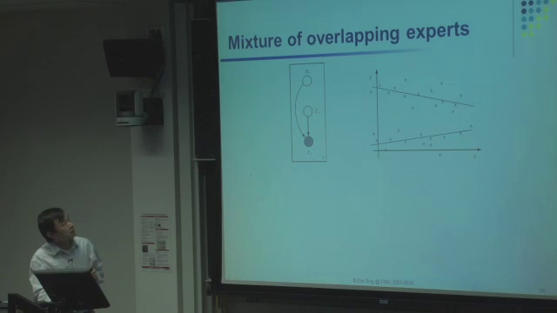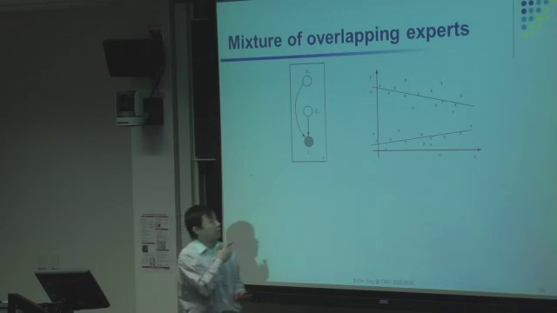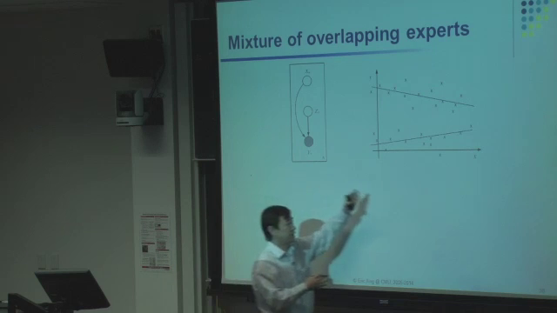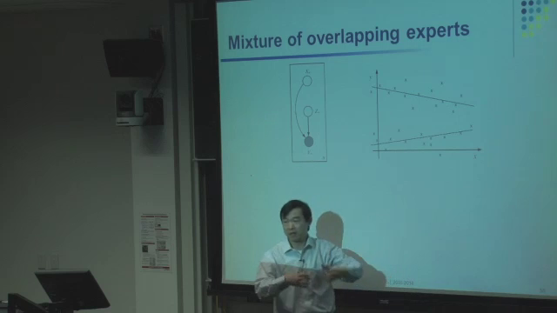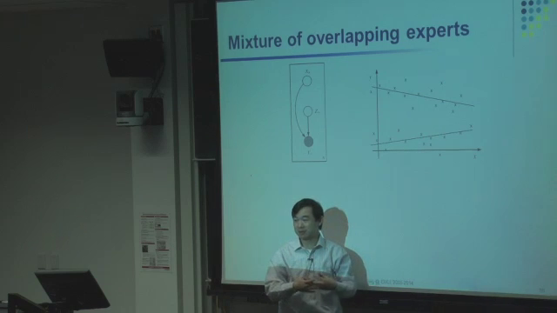And yet another example, which is called the mixture of overlapping experts. Now, this is kind of interesting. So now we don't have this space-dependent requirement of a different regression function.